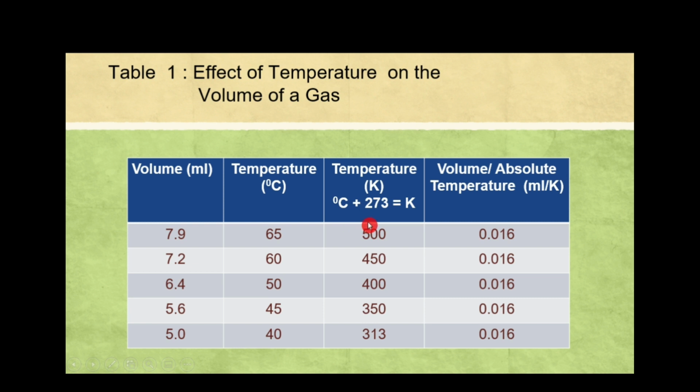65 plus 273, the answer is 500. 60 plus 273, so we have 450. 50 plus 273, 400. And 45 plus 273, 350. 40 plus 273, 313.